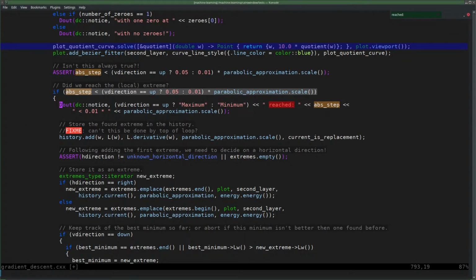Okay, so I'm just continuing then after fitting the fourth degree polynomial. And the first time I get here, the horizontal direction has not been decided yet. We don't know if we want to go left or right. Then we add that extreme, which in the first case should always be a minimum.